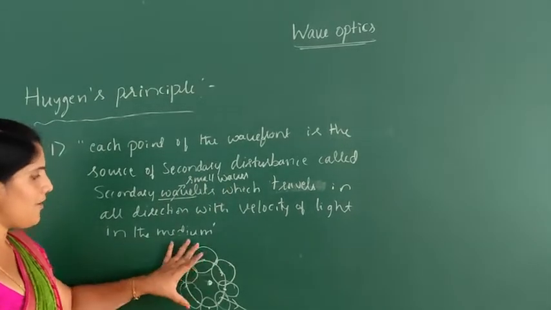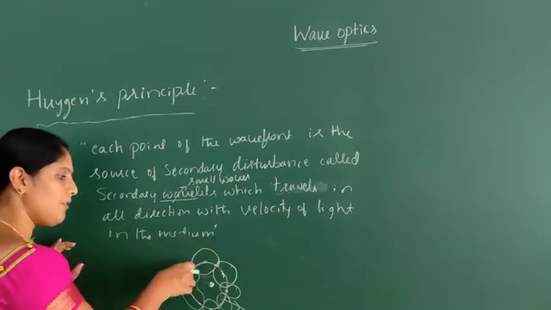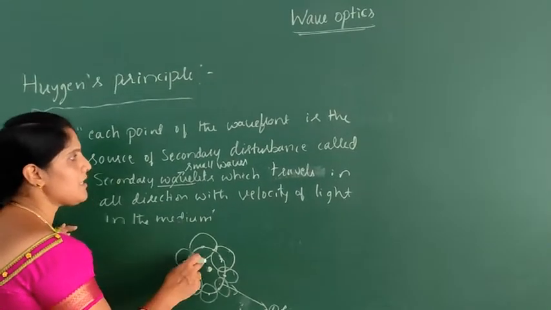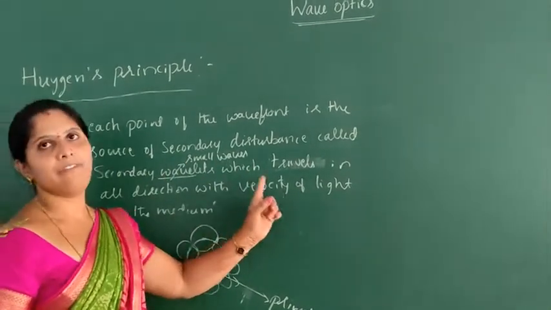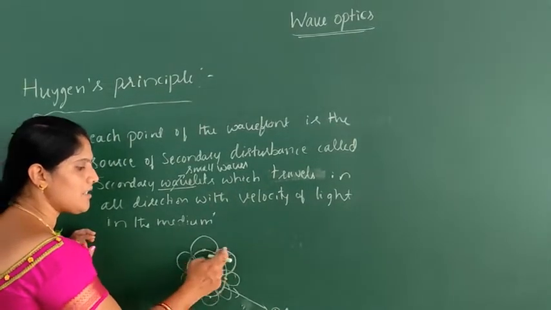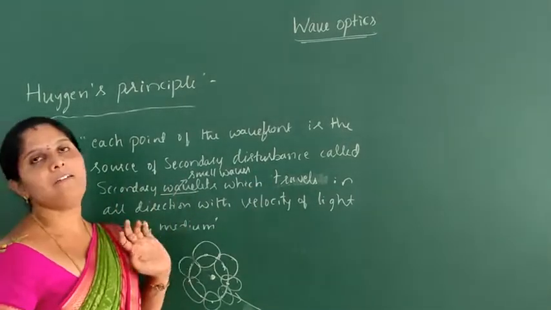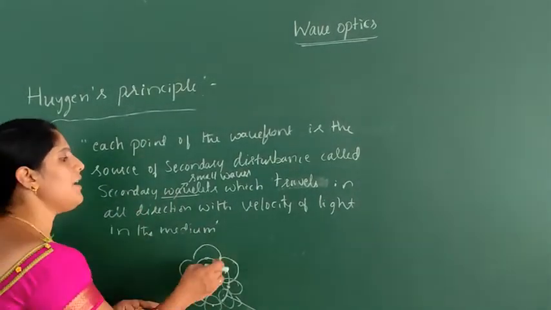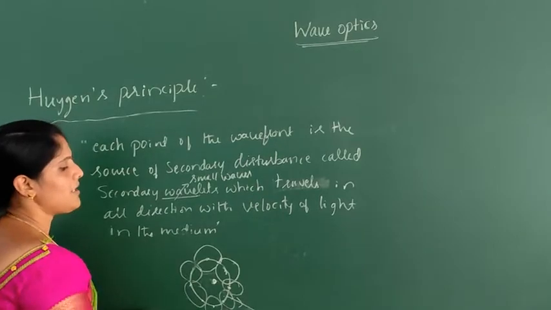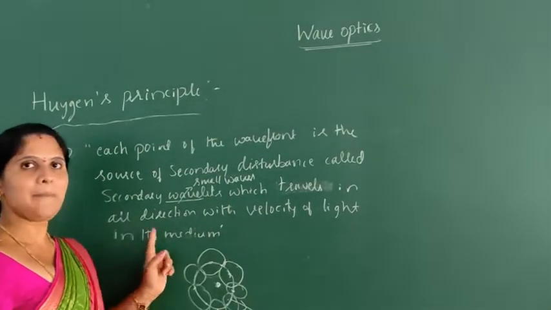What is the source of the secondary wavelets? Each point on the primary wavefront is the source of secondary wavelets. These secondary wavelets travel in all directions with the velocity of light in the medium.